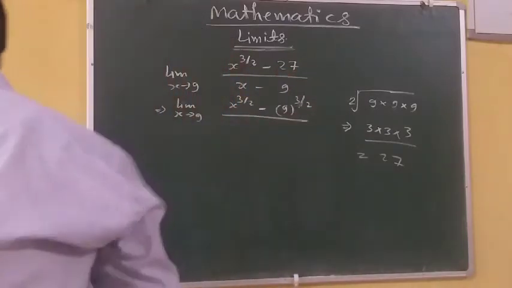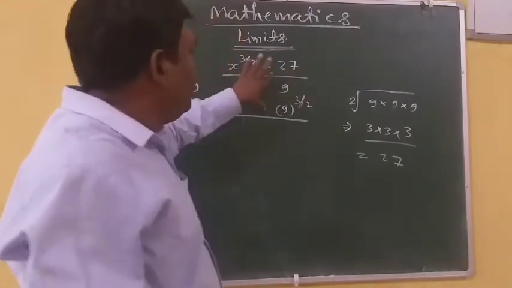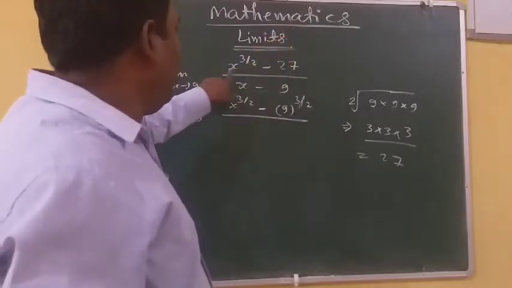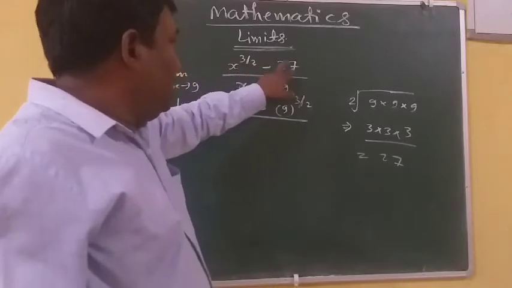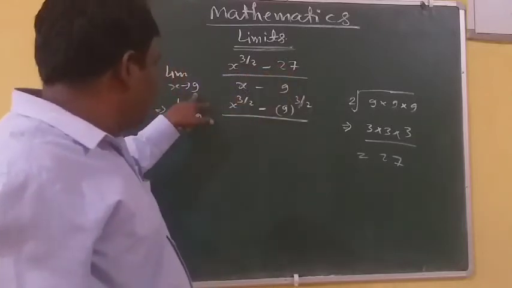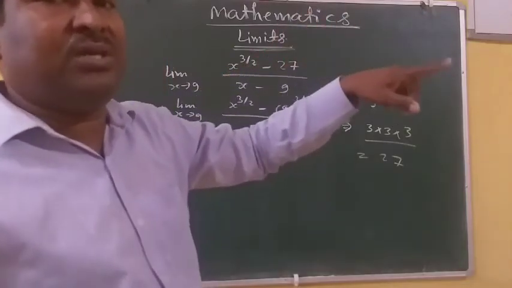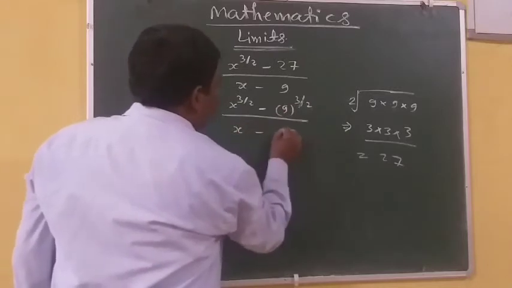Now you will think about how to make it a standard formula. In the form of a standard formula, you have to put x power something minus a power something, where the power should match the limit x tends to. Then only you can apply a standard result. That's why I am making it 9 power 3 by 2 upon x minus 9.